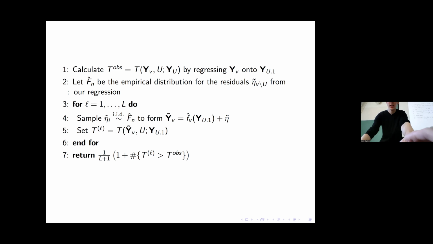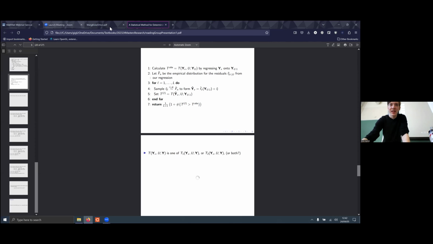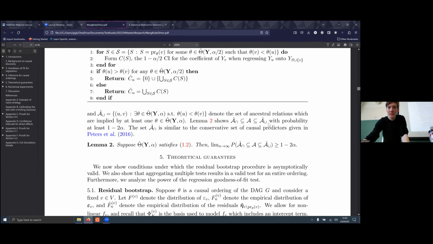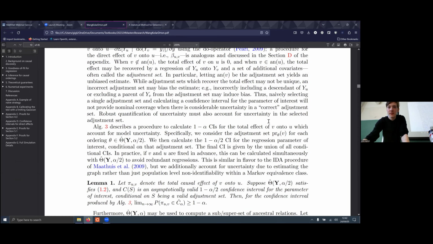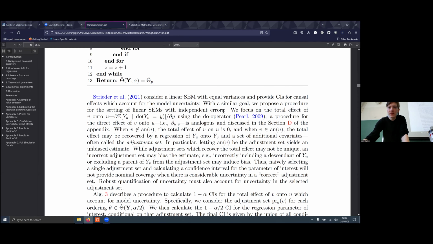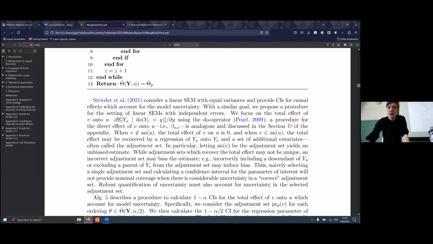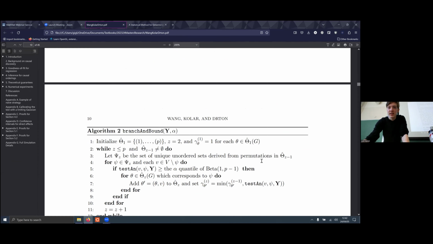But they do mention that early in the paper. At least I thought they did.